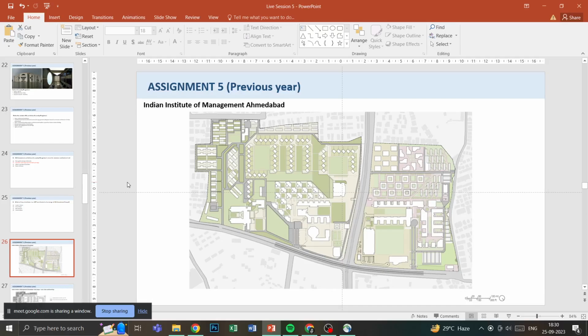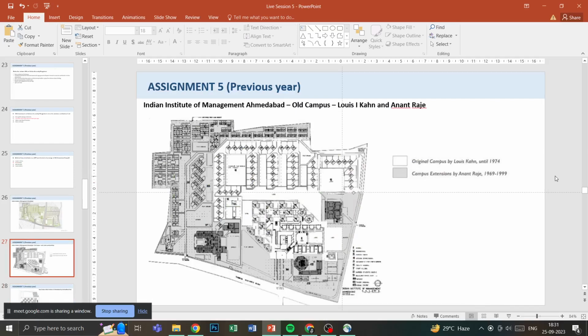So on the left hand side is the old campus, and on the right hand side of the road is the new campus. The left hand side part, old campus, is this.